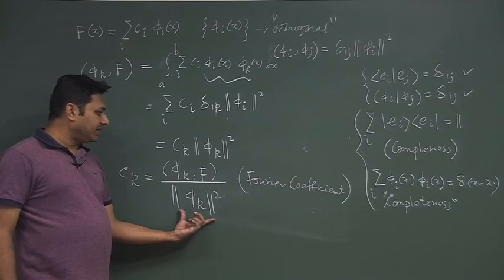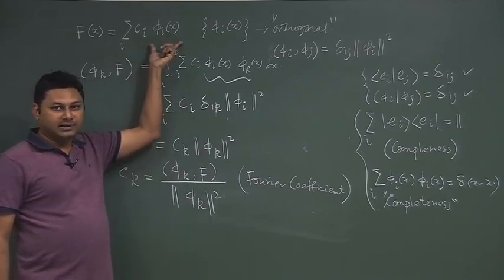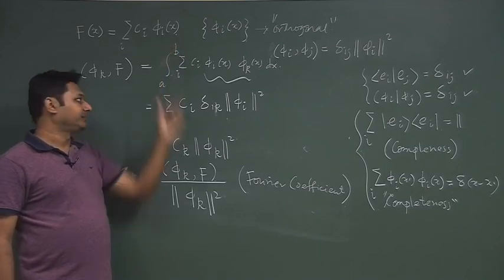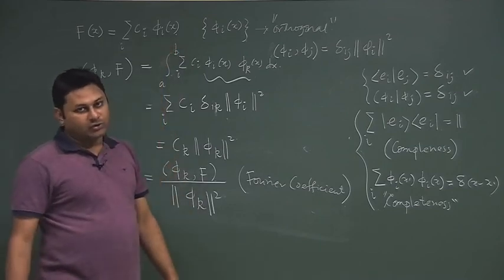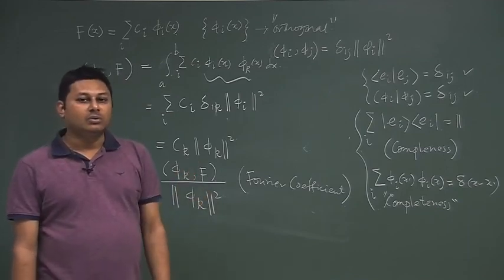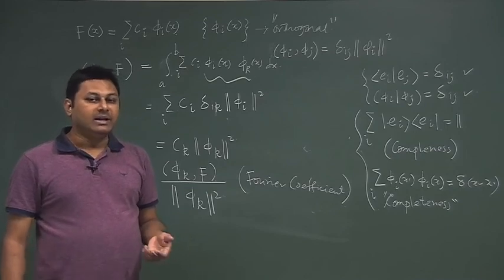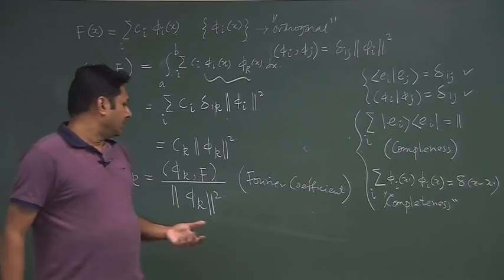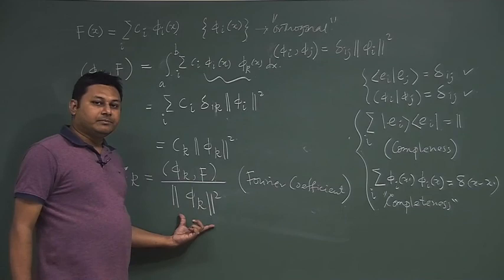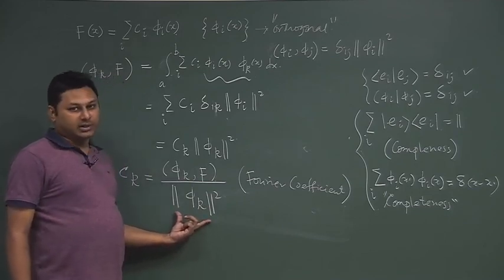This additional advantage is that if I write the function in terms of orthogonal bases, I have the minimum error. So with that point I would like to stop. In the next class I will start from here and show how the minimum error arises, because I want to have a minimum error, and if you have a minimum error, then naturally you find that your ck will be this quantity.